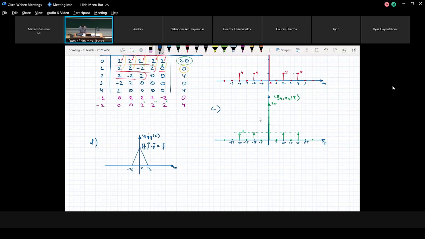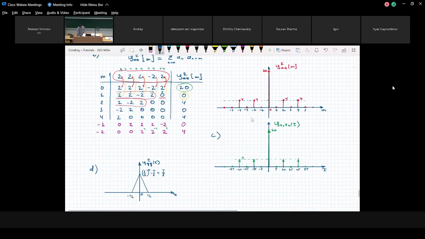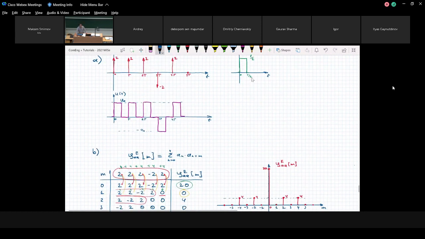I forgot to add the subscript E. I think, yeah. Oh, the duration of the rectangular pulse is t/2. No, the spacing between delta pulses is t. But for the rectangular pulse, it's smaller.